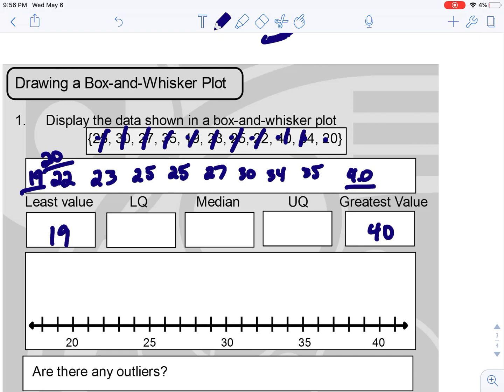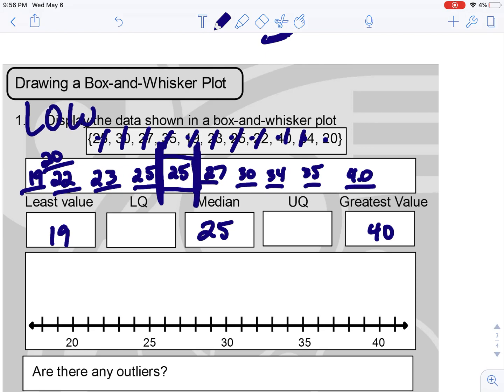Counting in from both ends, there's the middle, so 25. Now, when there's only one in the middle, this is the lower half and the upper half. So now I have 5 numbers here and I have to find the middle of that.